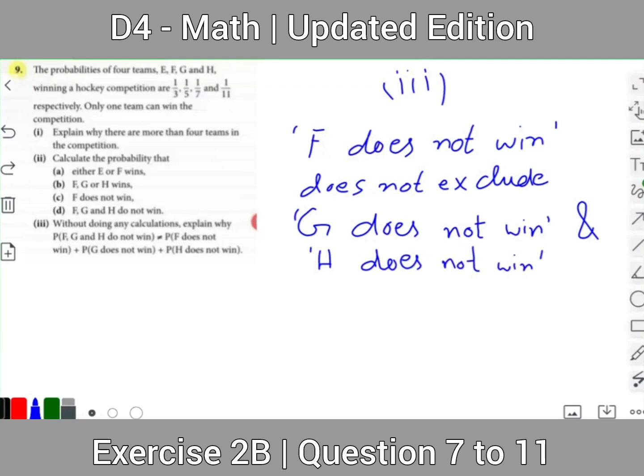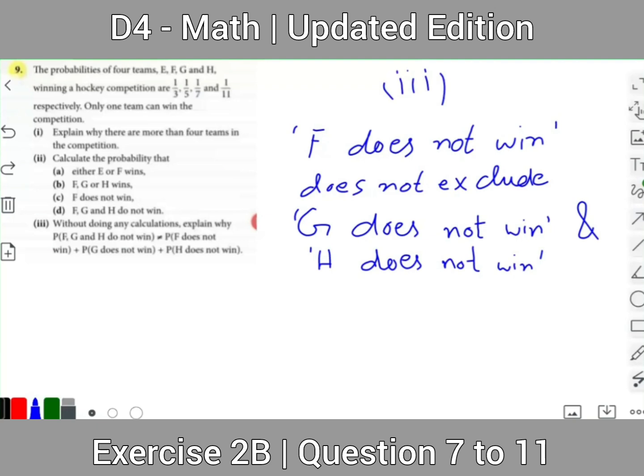Similarly, the event G does not win does not exclude the events F does not win and H does not win, and the event H does not win does not exclude the events F does not win and G does not win.